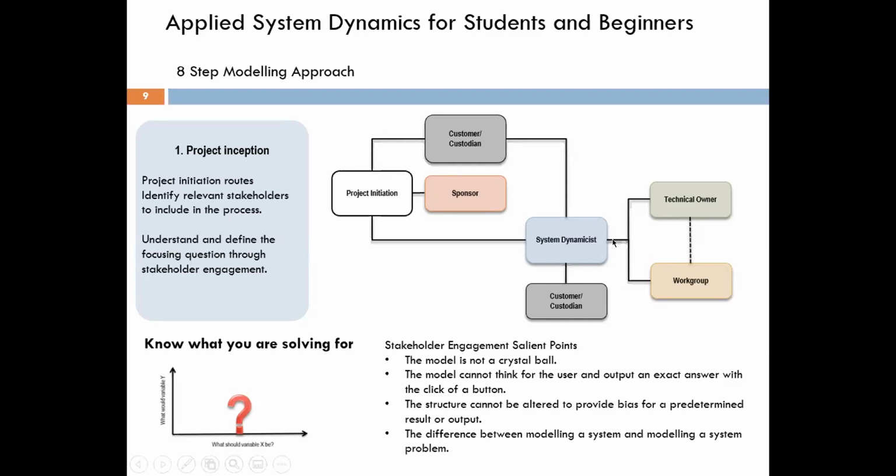So once a project is initiated by either the system dynamicist or the customer, there are other parties that are also critical, one of which is a technical owner. Now, it might seem strange that you need a technical owner if you already have a customer. The problem is that sometimes you have a customer who is so excited about the project and absolutely loves the model and uses it for all of a few weeks and then shelves the model because they're busy.